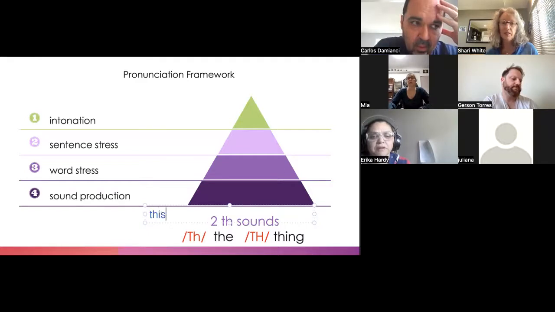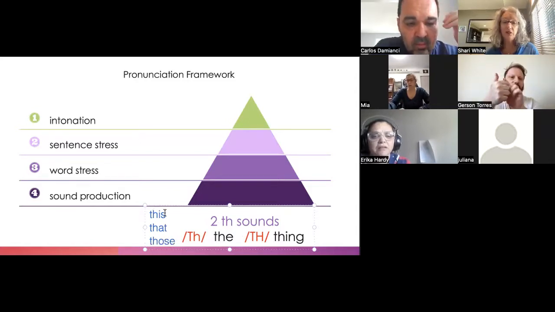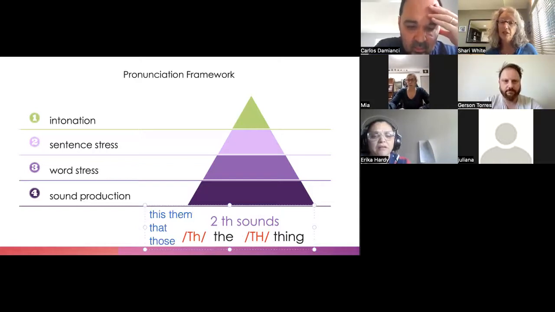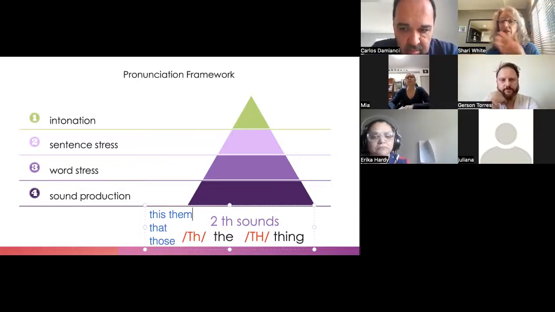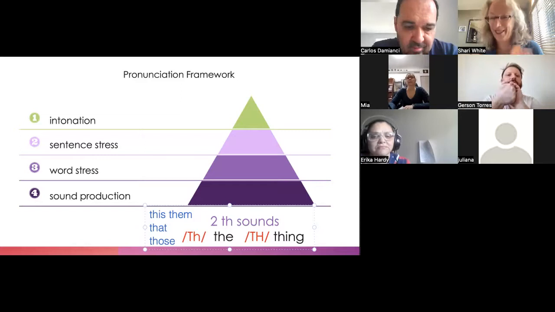There's words like this and that, right? Those, them, these. It's often these types of words that are substitutions for other words, like this, that, those, these, them.